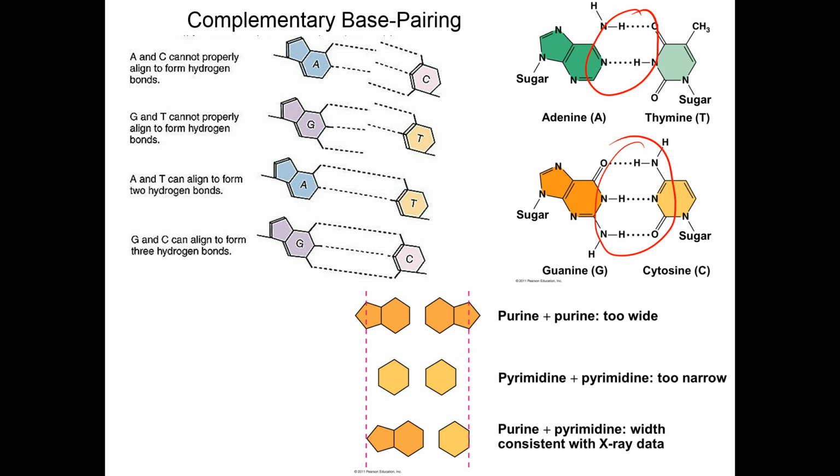So it's always a purine and a pyrimidine, because they have to be able to form these hydrogen bonds. Adenine and thymine form double bonds, guanine and cytosine form triple bonds in terms of hydrogens.